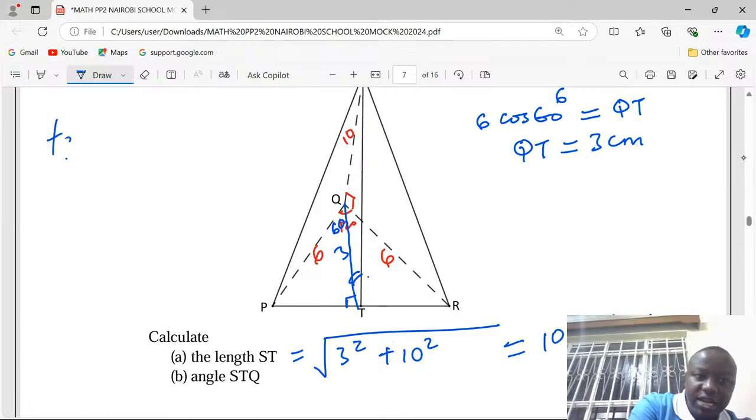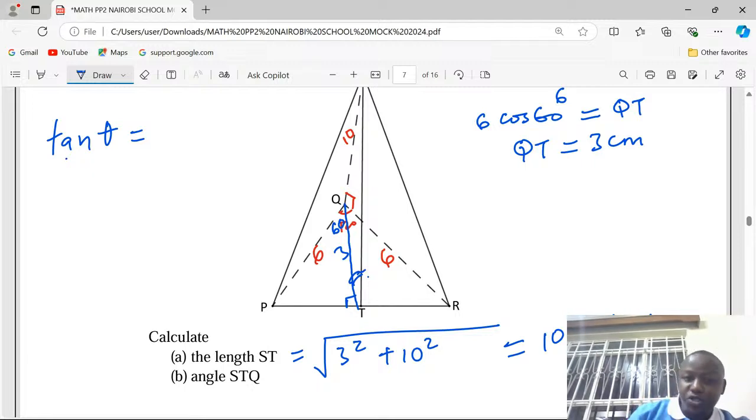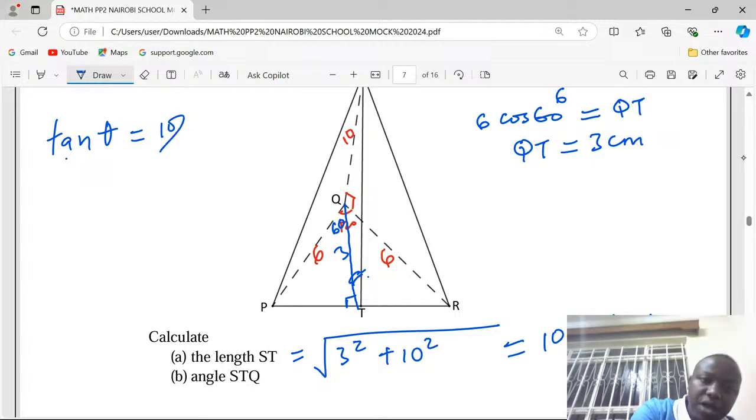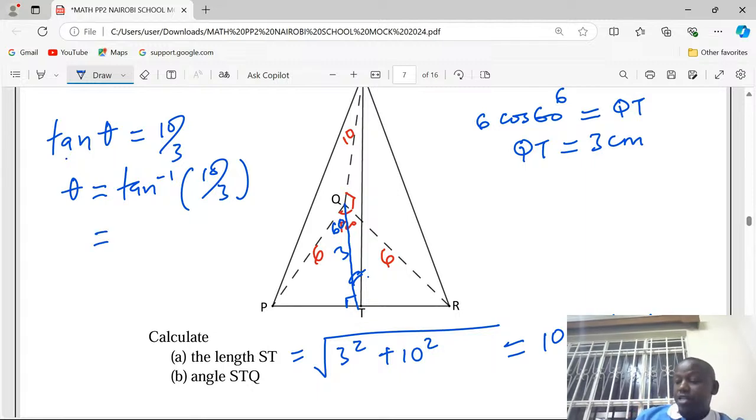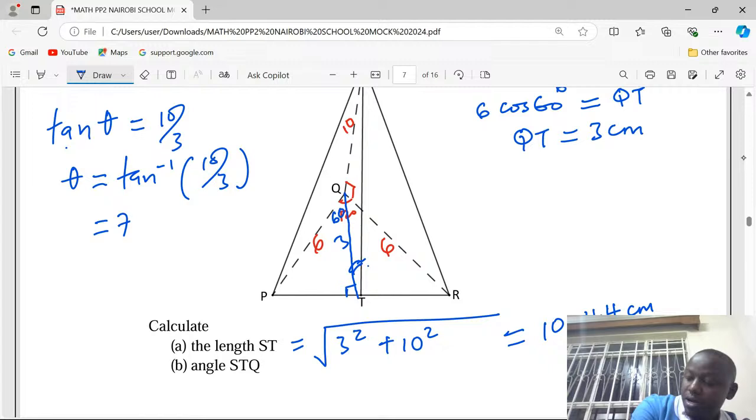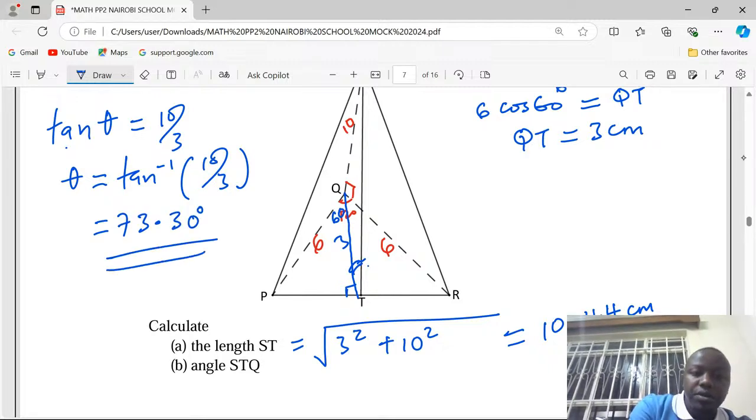So the tangent of that angle, beta, will be given by the opposite length, which is 10, divided by the adjacent length, which is 3. And for me to get beta, I need the tan inverse of 10 over 3. So tan inverse of 10 over 3 will take us to 73.30, to 4 significant figures. So that is how we get the angle that we wanted.